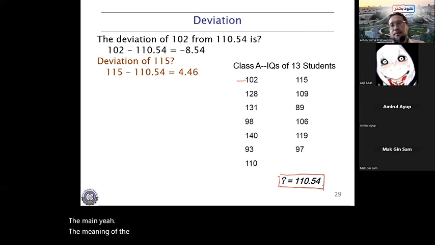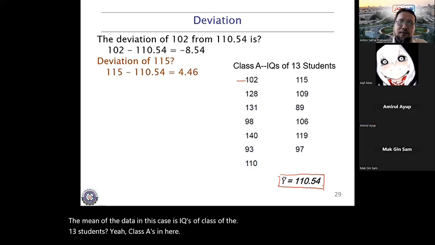In this case, it is the IQs of a class of 13 students, class A in here. So there are 13 data points.